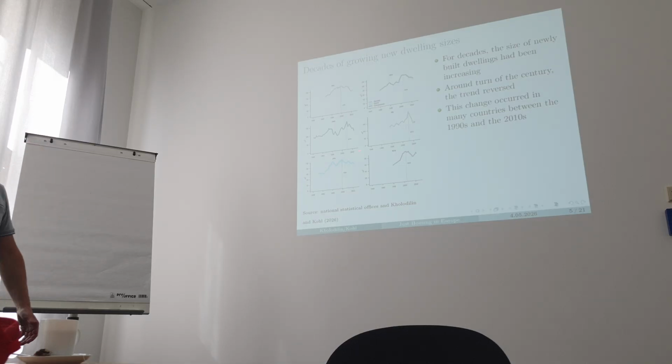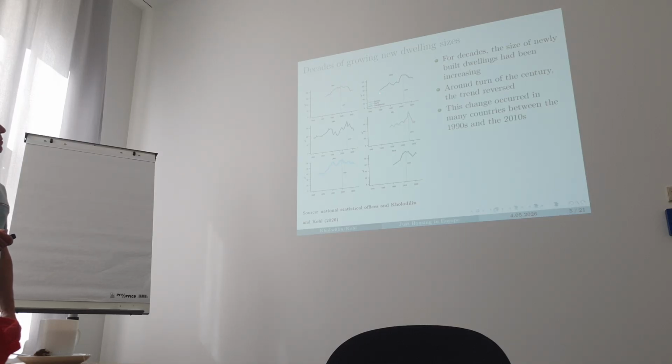So, for example, here we have Denmark, and we start in 1940, I think, and at that time the average newly built house or dwelling was roughly 90 square meters, then it increased to 150. In Belgium it went up from 120 to 200.